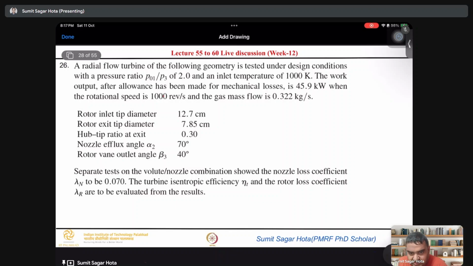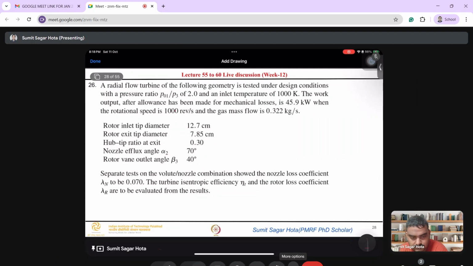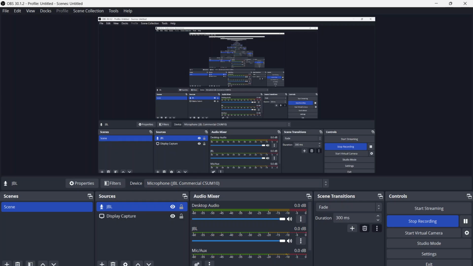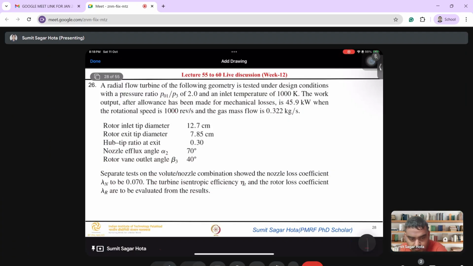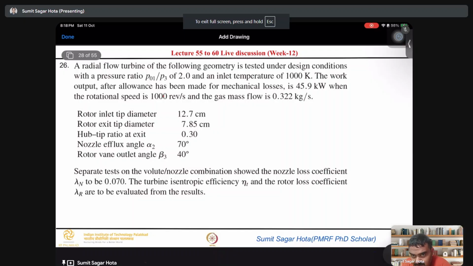I think you have tried the question. Okay, let's start solving the problem. So the question is: a radial flow turbine of the following geometry is tested under the design conditions with a pressure ratio of P01 by P3 equal to 2 and at the inlet temperature of 1000 Kelvin.